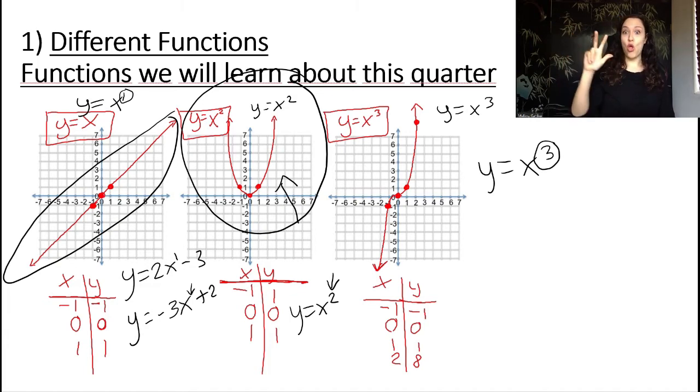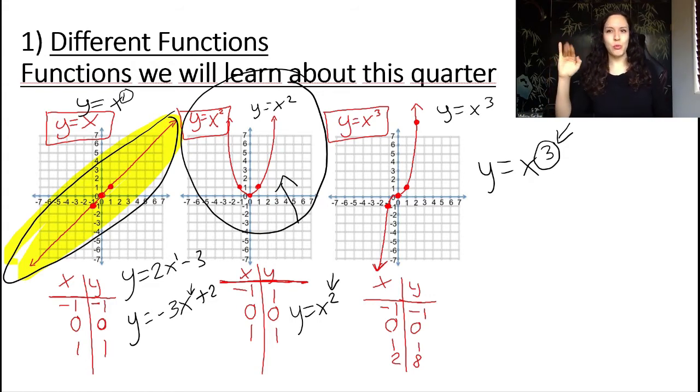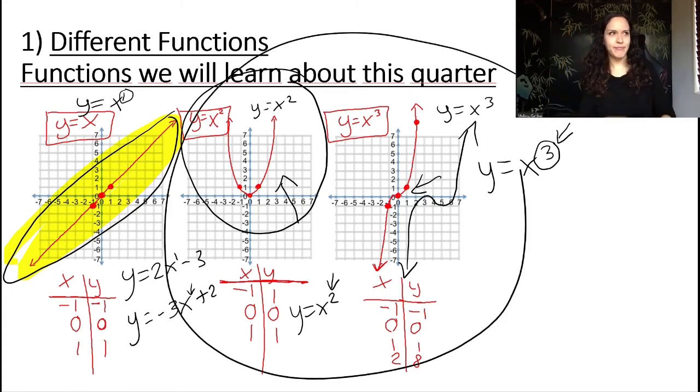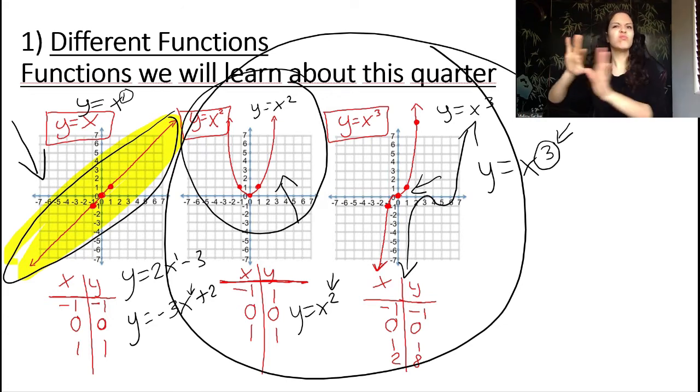It's not to the first power like a line. A line is to the first power. But the cubic function is to the third power, so that's why it has this weird little jump in the middle, as you can see. But we're not going to be looking at these ones. We're only going to be focusing on the line.